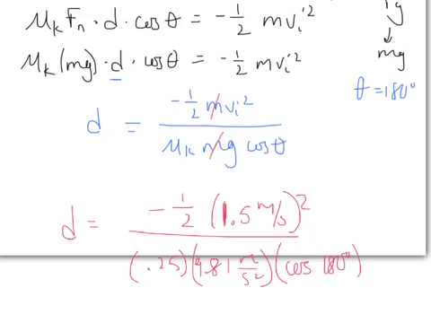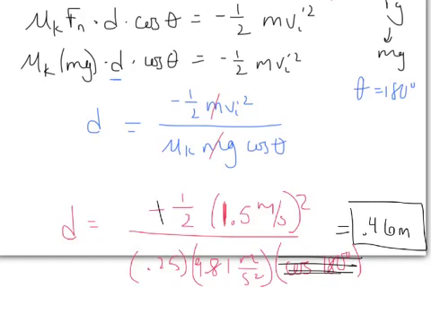Now, please remember that cosine of 180 is negative 1. So I could just make this a positive and get rid of this completely, because the two negatives end up canceling. So in the end, I can just look at the quantity that's left, and this will give us a distance of 0.46 meters.